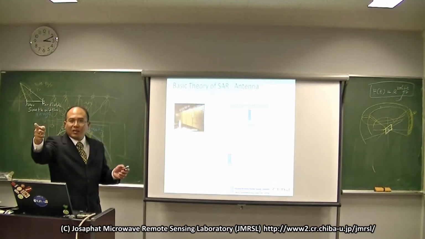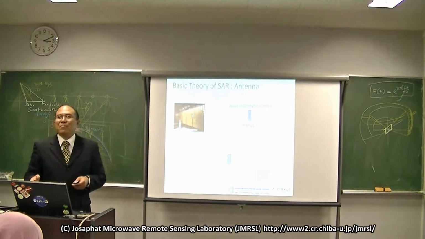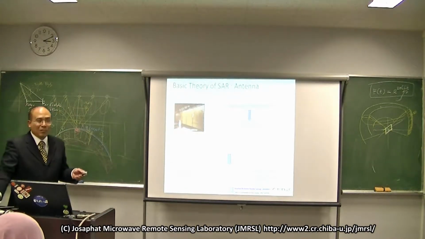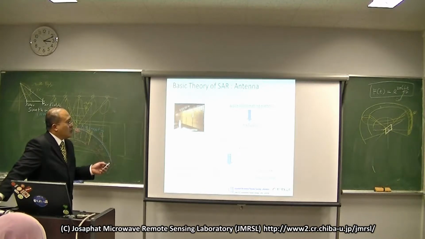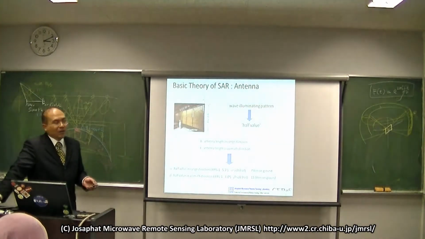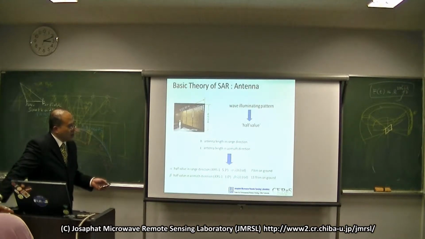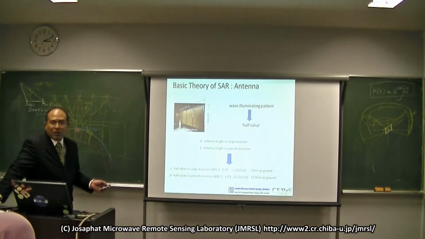How to bring such a big antenna to orbit? It's a big problem. And then the width is 2.2 meters.